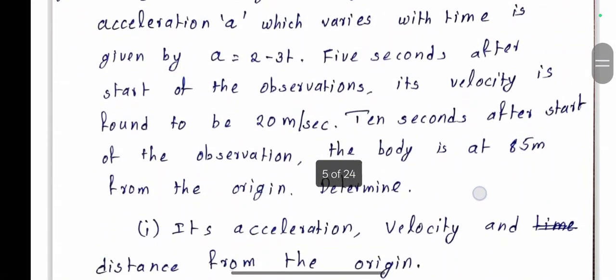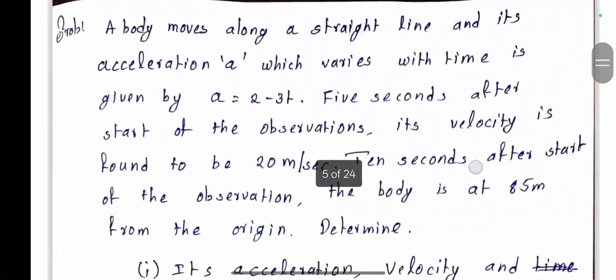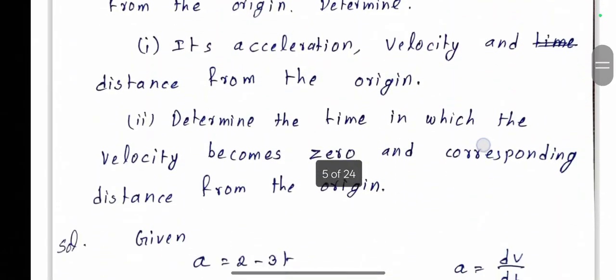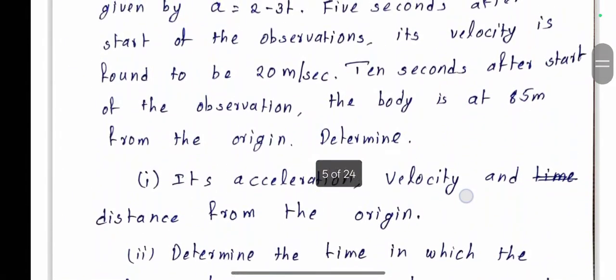So they have given the acceleration equation, a is equal to 2 minus 3t. By definition, we know that the rate of change of displacement with respect to time is the velocity, and the rate of change of velocity with respect to time is the acceleration. So by using these definitions, we converted the equation a is equal to 2 minus 3t into velocity, and then into displacement, which is s.